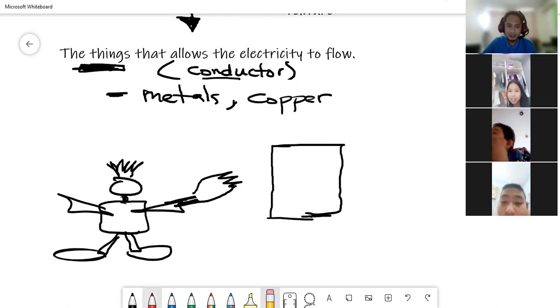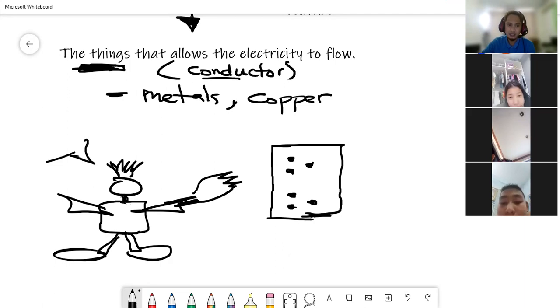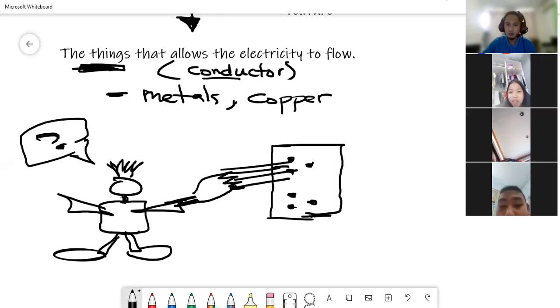Like you put this one, 1, 2, 3, like that. Now Narungrit is confused. Then Narungrit used the fork to put it here. What happened to Narungrit?